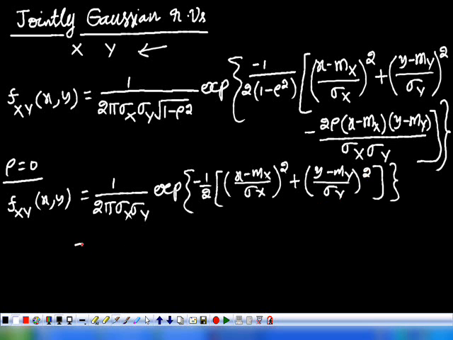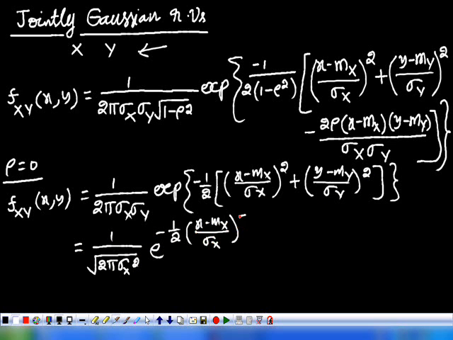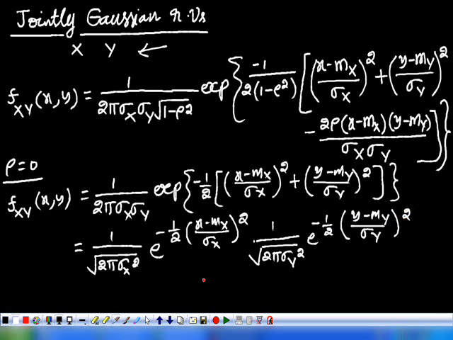Now, can I write this as 1 divided by under root 2 pi sigma x whole square, e power minus 1 by 2 into (x minus mx divided by sigma x) whole square, multiplied with 1 divided by under root 2 pi sigma y whole square, e power minus 1 by 2 (y minus my divided by sigma y) whole square.